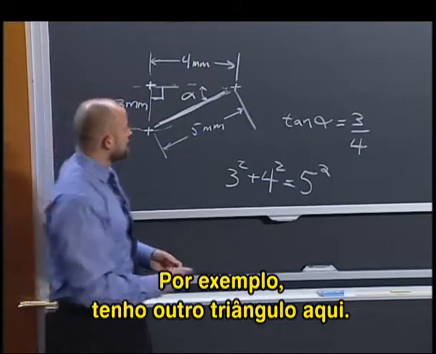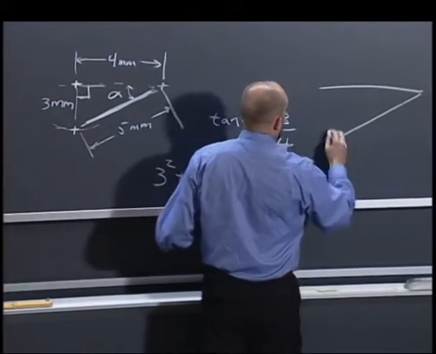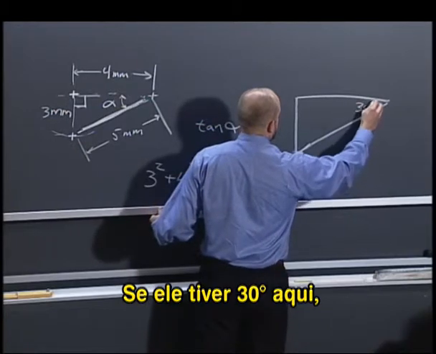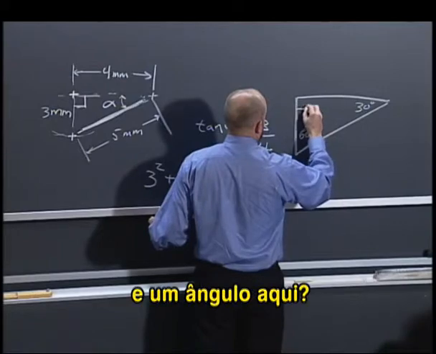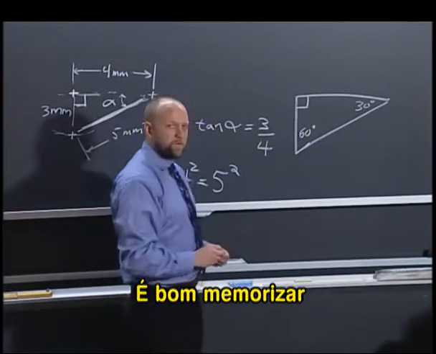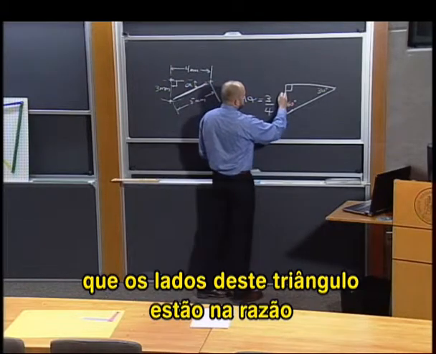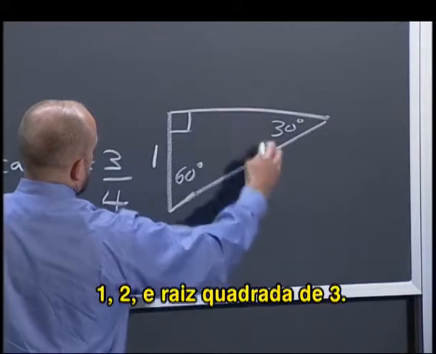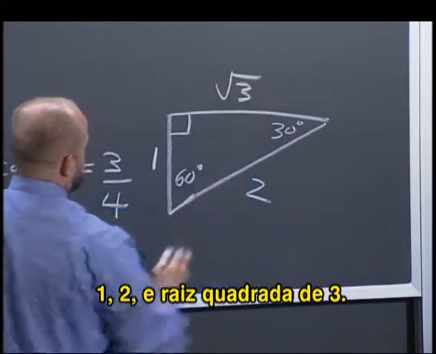For example, I can draw another triangle here. What if it has 30 degrees here, 60 degrees here, and a right angle there? Now, one thing that you might commit to memory is that the sides of this triangle are in the ratio 1, 2, and the square root of 3.